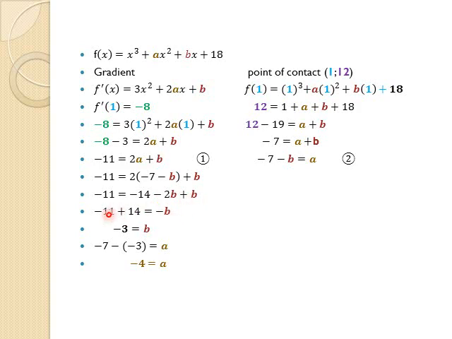There, 14 minus 11 is positive 3. But if I get rid of the negative there, then b equals negative 3 and not positive 3. Substitute the value of b back in there, so that would read minus 7 minus (negative 3), which gives me minus 7 plus 3, and therefore a equals negative 4. So a is negative 4 and b is negative 3.